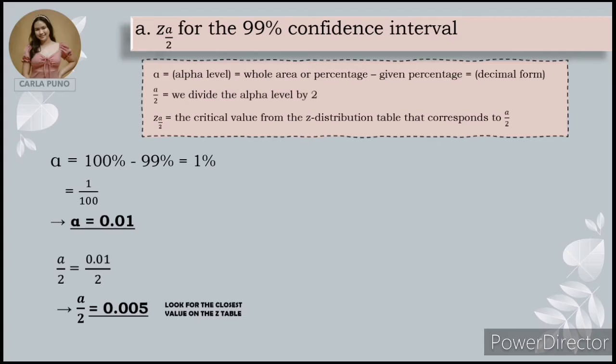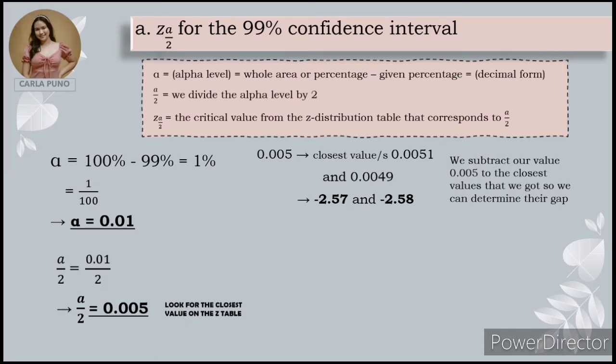We go back to our problem, and based on our table, the closest values for 0.005 are 0.0051 and 0.0049, and their corresponding values are negative 2.57 and negative 2.58.